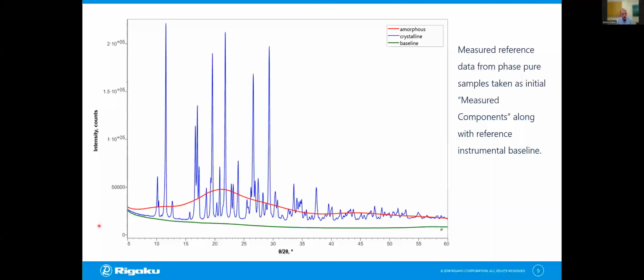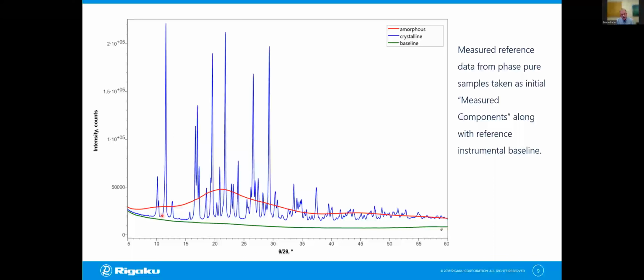So in this case, the instrumental background is in green, and the red signal here represents a measured amorphous diffraction pattern. So this is one of the components. In this case, we've measured it as a pure amorphous phase of indomethacin.